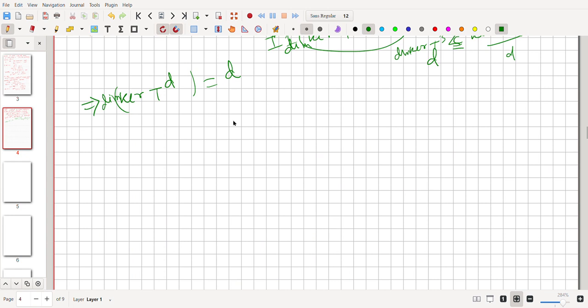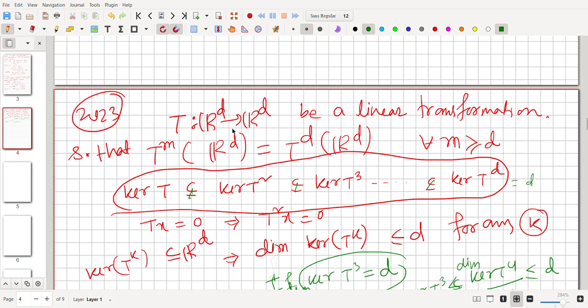That means the easy obvious thing is that kernel of T to the power d is the same as kernel of T to the power d plus 1, because if the inequality is strict, then it becomes the whole space, and then kernel of T to the power d plus 1 must be that whole space.